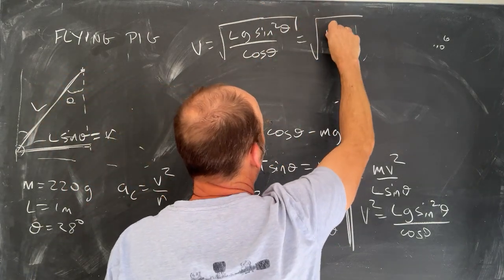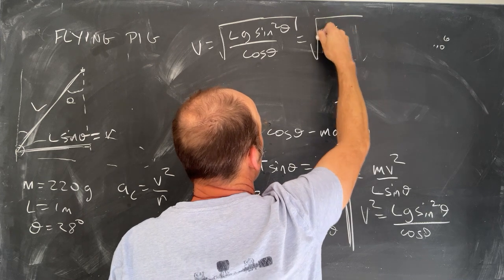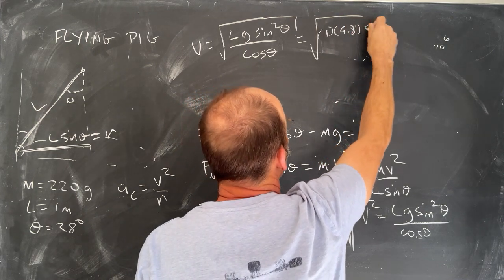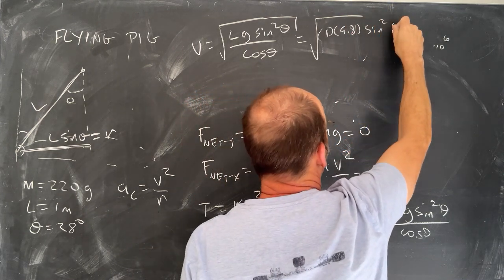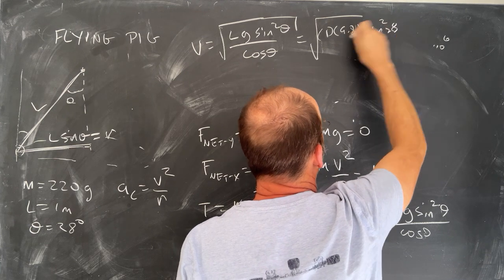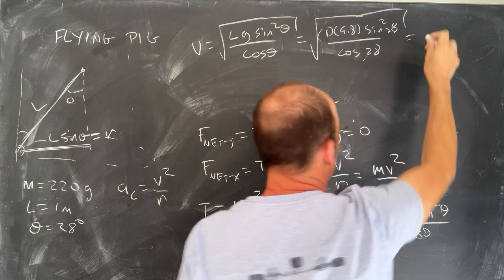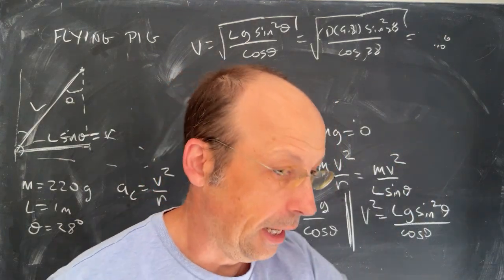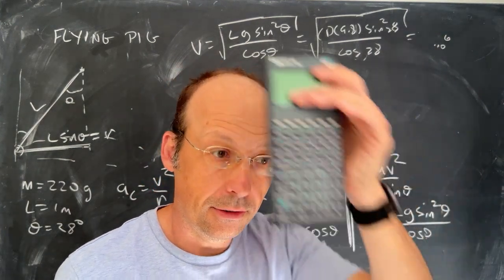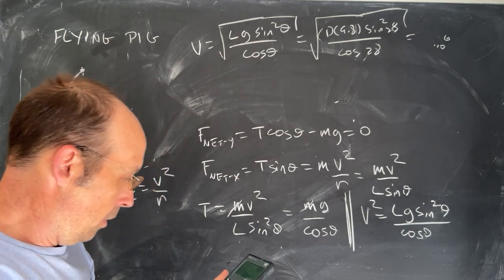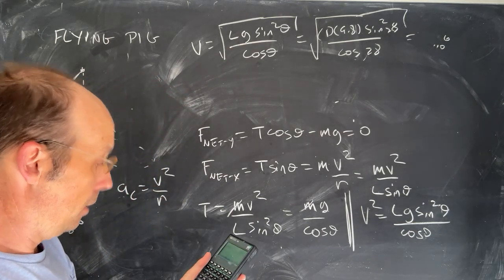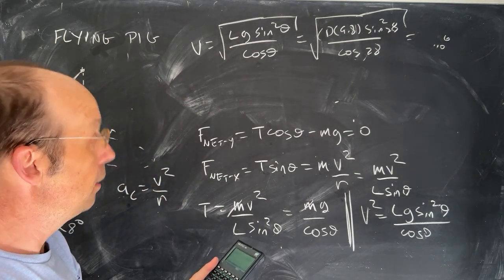Let's go ahead and put in our numbers. Square root of 1 times 9.8 sine squared 28, I wrote that weird, over cosine 28. And now let's put that in our handy dandy calculator. 9.8, 28.